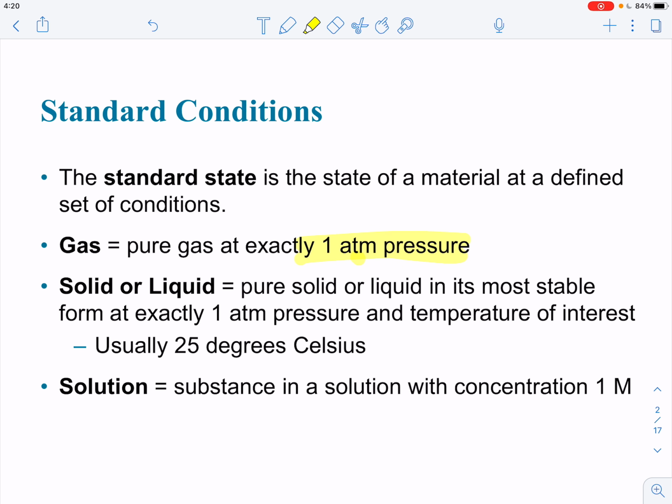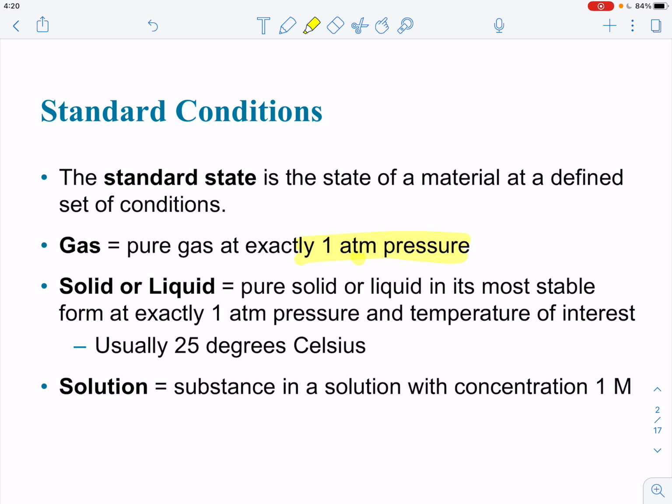If you have, let's say, oxygen gas at 1 atmosphere pressure, then you would consider that oxygen at standard state. When it comes to solids or liquids, remember, gas is not a condensed state, and liquids and solids are condensed states.